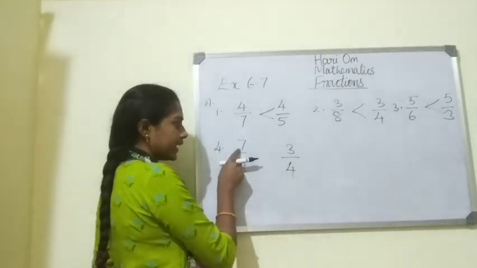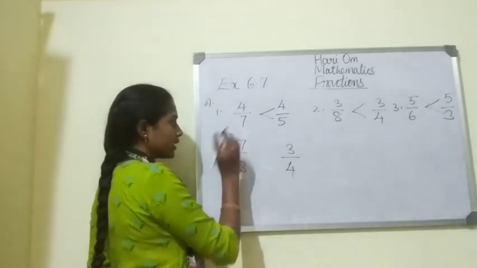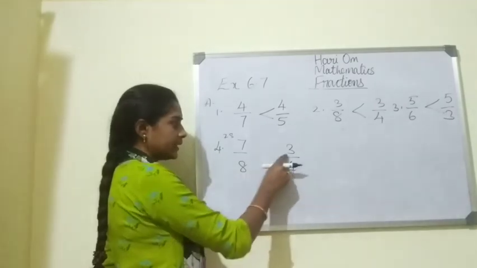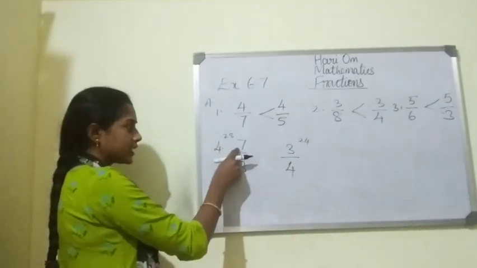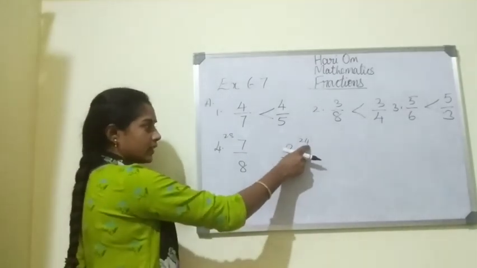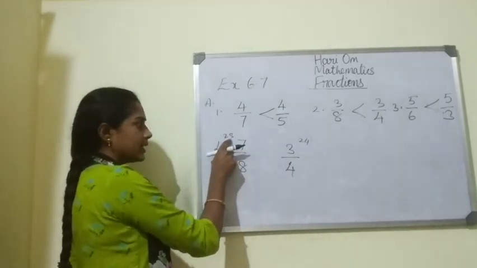So 4 7s are 28. 8 3s are 24. So 28 and 24. Which is greater? 28 is greater.